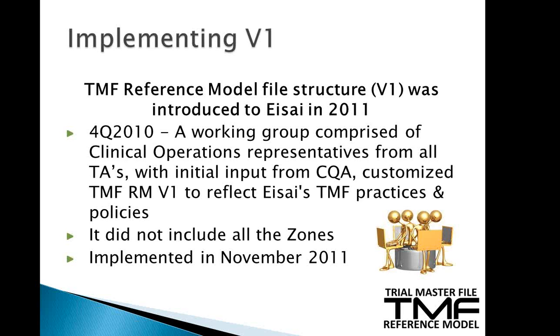As I said, it was implemented at the end of 2011, and we basically drew a line in the sand and used it for all new studies moving forward. Any ongoing studies were evaluated for potential mapping or converting to the new structure. And at the time, the decisions were made by the individual study teams, mostly driven by cost based on the number of documents that were already present in the system that would have to be mapped over.